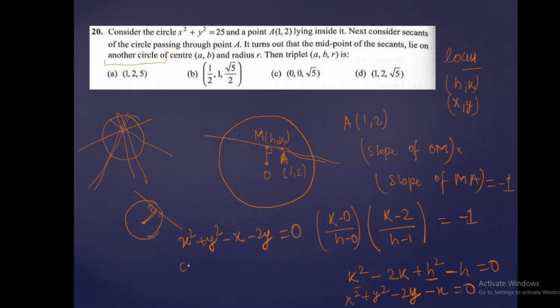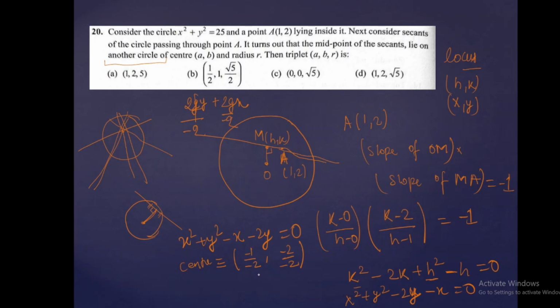So what will the center of the circle be? Minus of minus 1 by 2, minus of minus 2 by 2, because we have the general formula with 2gx and 2fy, right? So we divide by minus 2, we divide by minus 2.